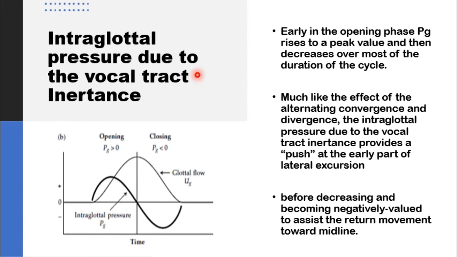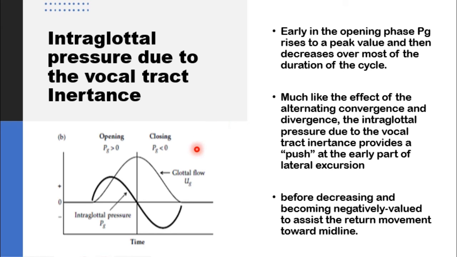Now again, this graph sums it all. It sums up the changes in the intraglottal pressure that is due to the inertance of the vocal tract air column. We have been through a similar graph for the changes of the intraglottal pressure due to the convergence and the divergence of the glottal entry and exit surface area.